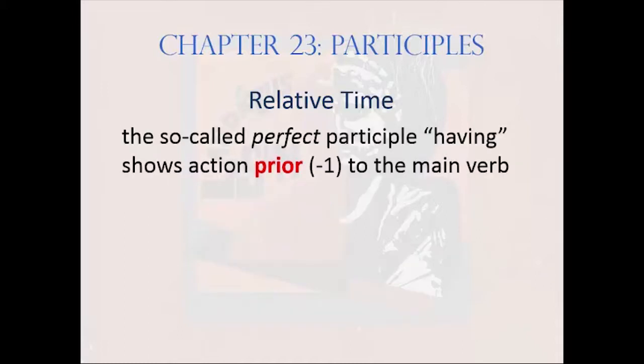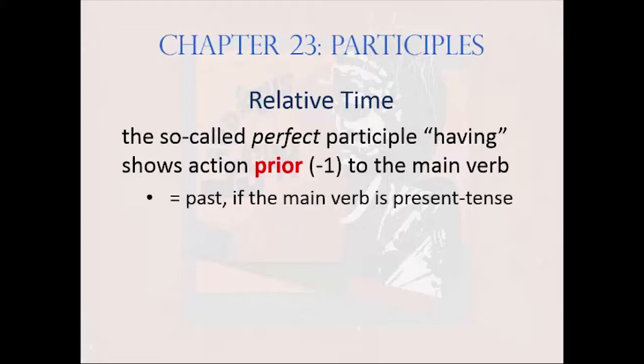The same principle holds true for the purported perfect participles. Having seen shows prior action, that is, action which took place prior to the time of the main verb. Its time value is -1, and as long as the main verb is present tense, then the participle represents action that took place one step back in the past.